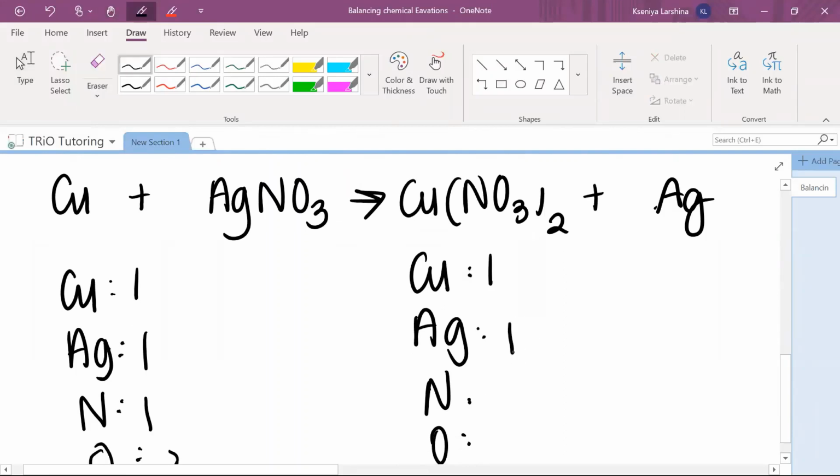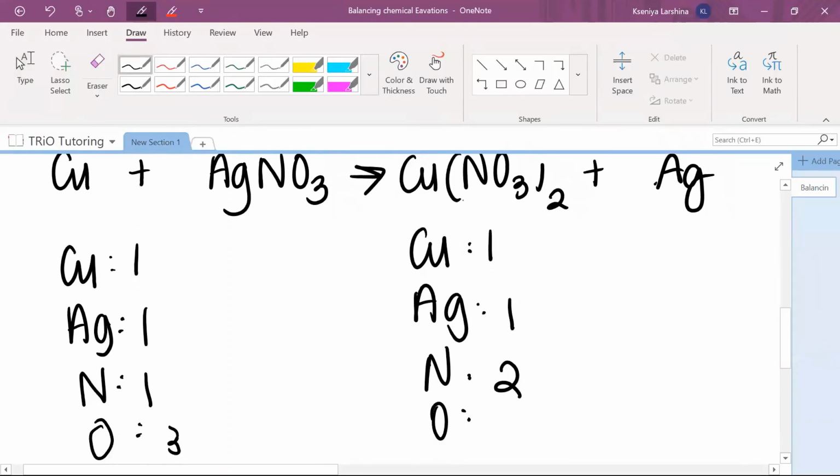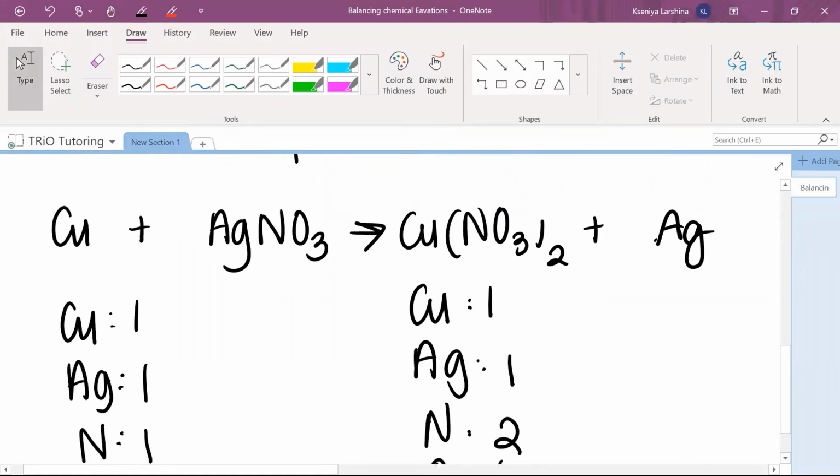That's silver, 1 silver, then 2 nitrogen because of the N being multiplied by the 2, and then oxygen, you multiply the 3 oxygens by the 2 here, so that's 6.